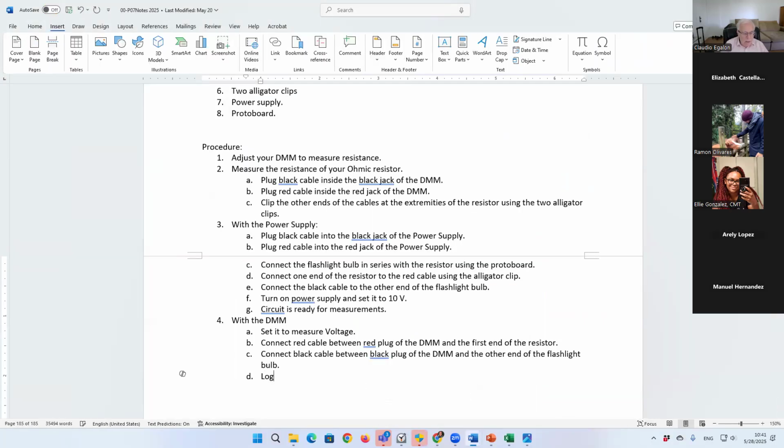So log the voltage displayed in the screen of the power supply, and then log the voltage displayed in the screen of the DMM. Okay.